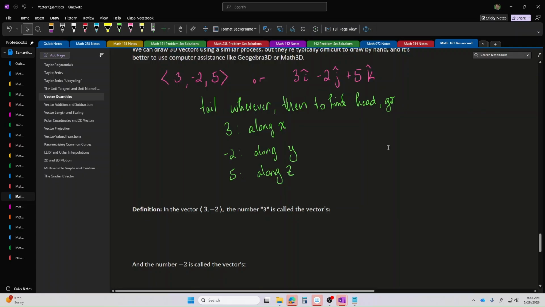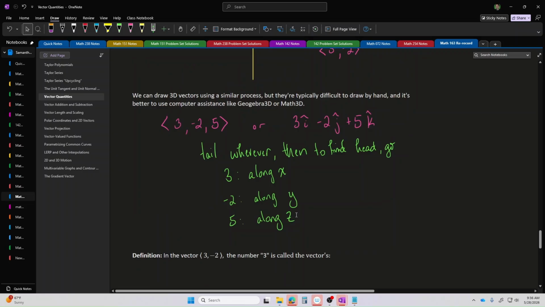It can be quite difficult to draw three-dimensional vectors by hand in a way that makes sense. So when I'm drawing three-dimensional vectors, I will usually use some kind of website to help me draw the picture more accurately. For example, a website like GeoGebra 3D, or another nice one for vectors is Math 3D.